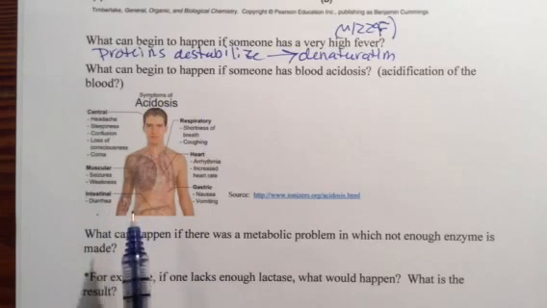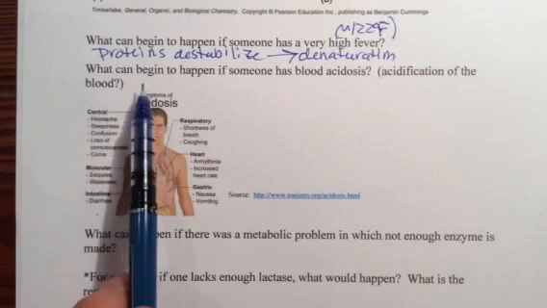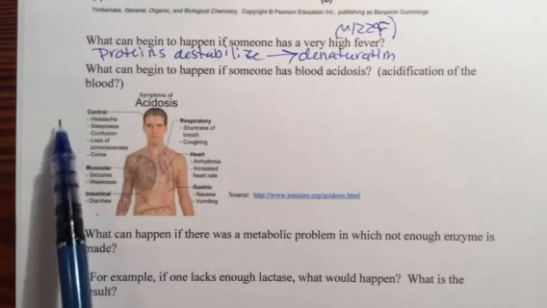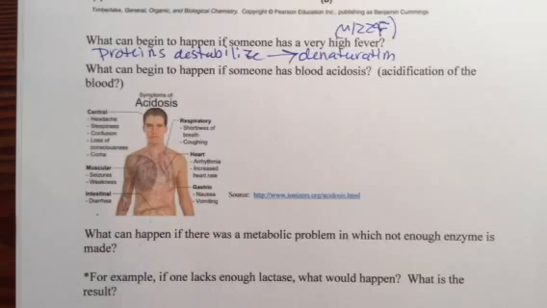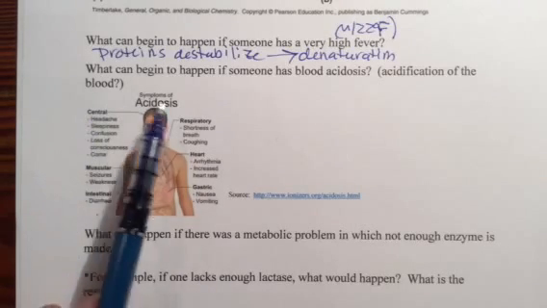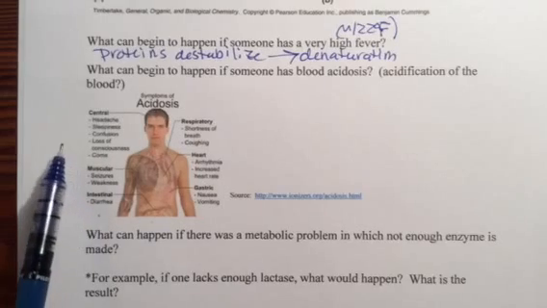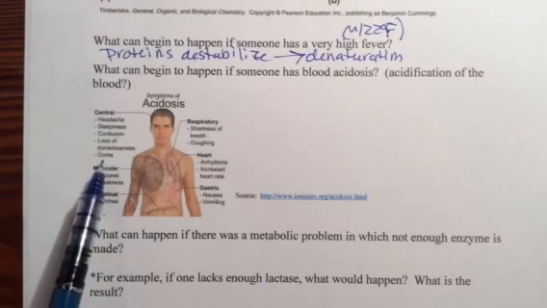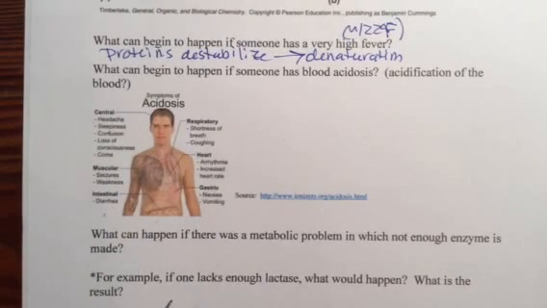Remember that acid is a powerful destabilizer of hydrogen bonds, so it makes a lot of sense that very quickly we can start having a variety of problems, including loss of consciousness, coma, and heart problems.